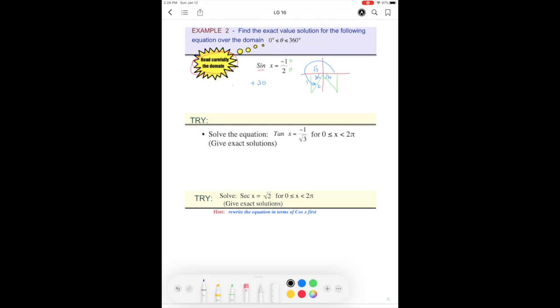So pi is 180, my mistake. So 210 is the first one. And in the other quadrant over here, we're going to go all the way to the end and then back up. So we're going 360 take away 30. So that equals 330. So there's your two answers.